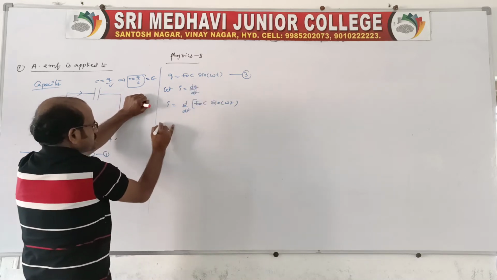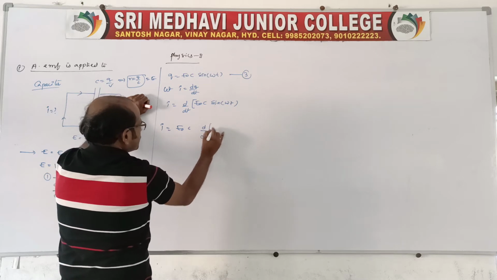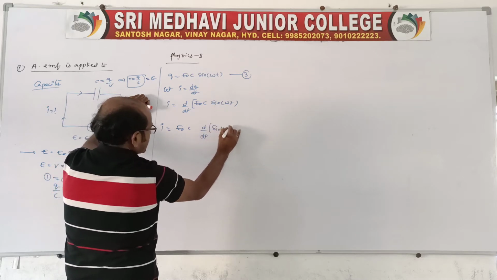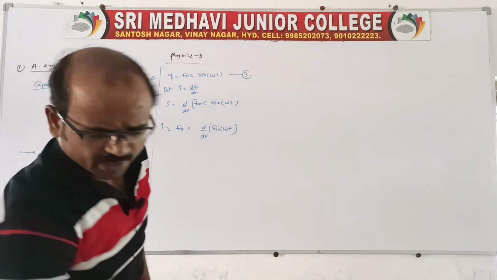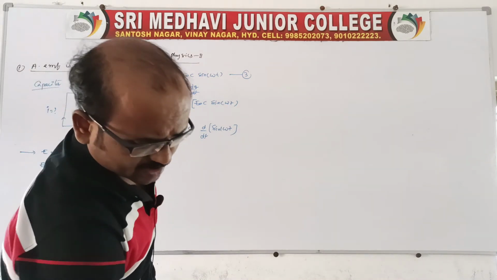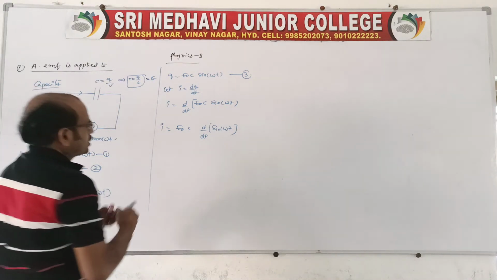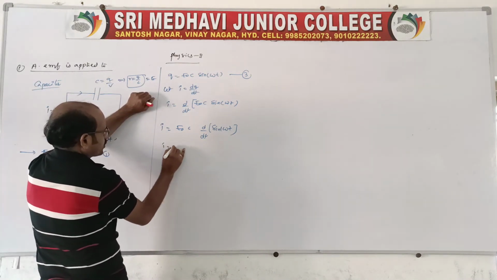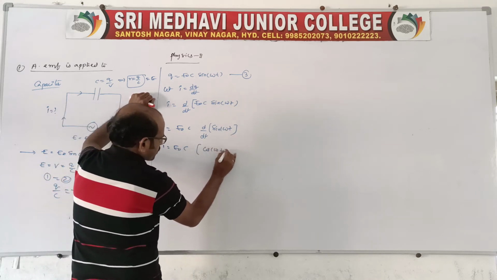I is equal to E naught C into d by dt of sin omega t. Here the differentiation is very, very important. We should know the differentiation of sin omega t, which is nothing but cos omega t into omega. Here you write E naught C cos omega t into omega.